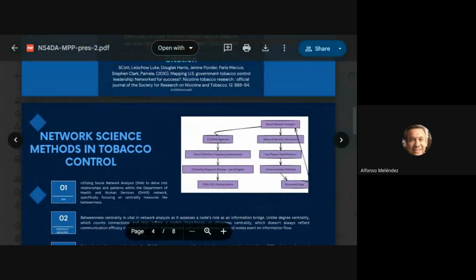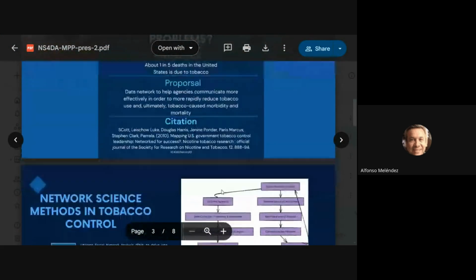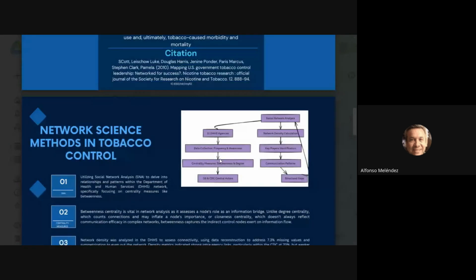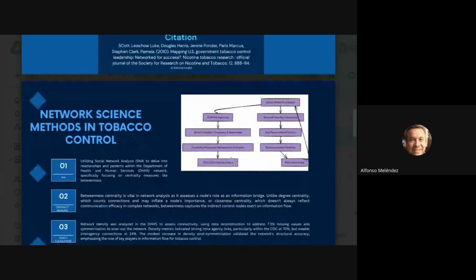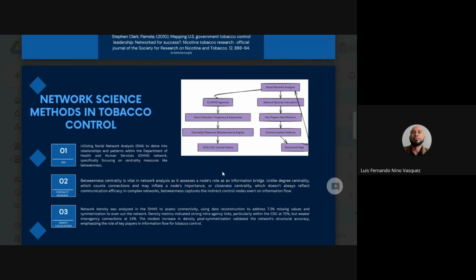Sometimes the agencies are very important because they make the regulations for tobacco. So analyzing the relations between the agencies is a very good idea. I guess that these researchers, after seeing the relations among the agencies, came to see the effects these regulations have on networks of persons.